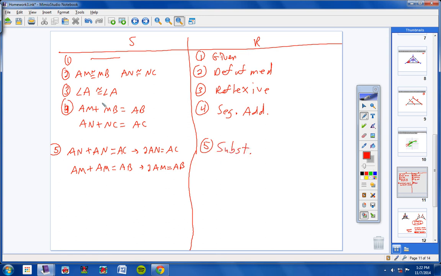Okay, for this right here, for MB, I put AM, which I'm allowed to do. And for NC right here, I put AN, which I'm allowed to do, right here. Okay, next.